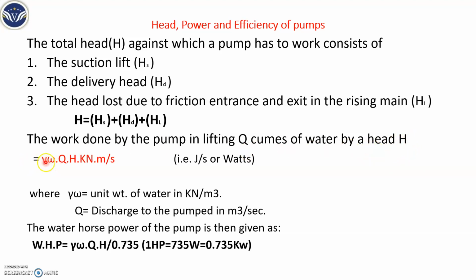That is given as gamma W Q H in terms of kilonewton meter per second, or it can be represented in terms of joules per second or watts. To calculate the water horsepower of the pump, this is the equation: gamma W Q H divided by 0.735.